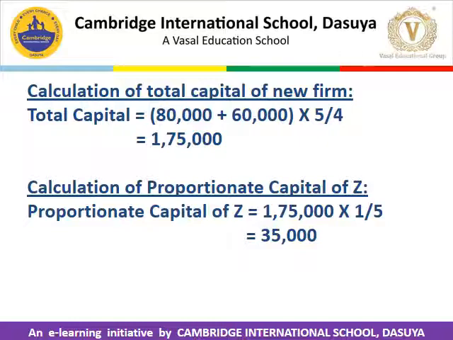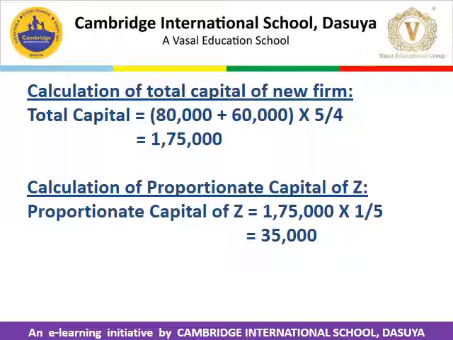This 5 by 4 comes with the help of the profit sharing ratio of the new partner. The profit sharing ratio of the new partner is 1 by 5. So 1 minus 1 by 5 is equal to 4 by 5, and the reciprocal of 4 by 5 is 5 upon 4. So the total capital comes to 1,75,000, and with the help of total capital of the new firm we will calculate the capital of the new partner, that is Z. So Z's profit sharing ratio is 1 by 5.